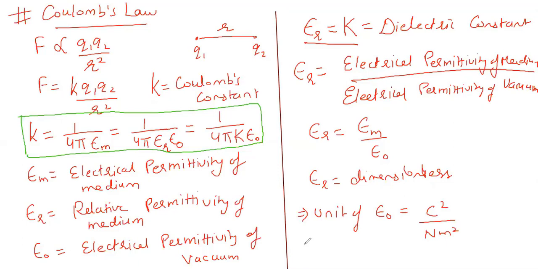If someone asks about the unit of Coulomb's constant, that is small k, not capital K, always try to differentiate between the two, then it will be Newton into meter square divided by Coulomb square, the reverse of this. I hope you are clear with this.